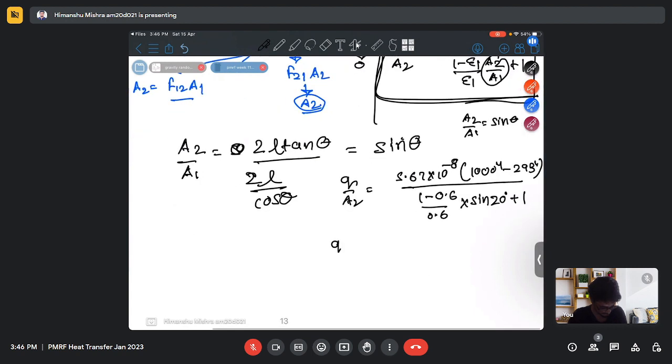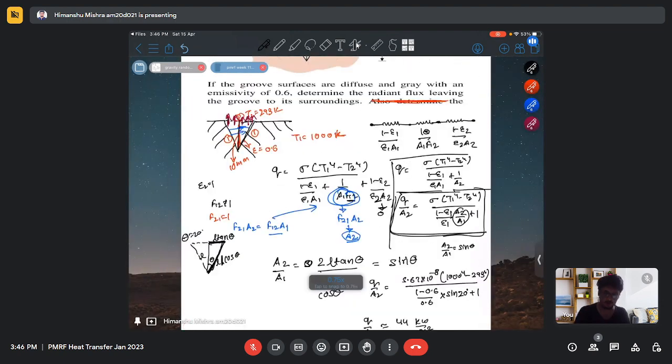So on just calculating, I will get my heat flux as around 44 kilowatt per meter square.